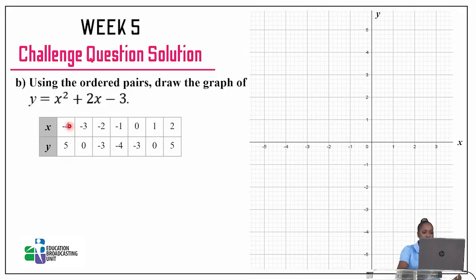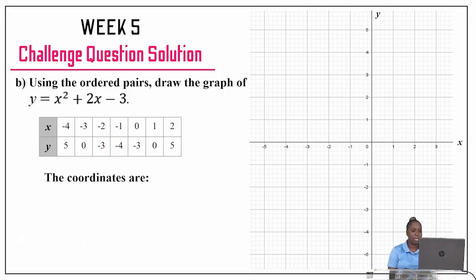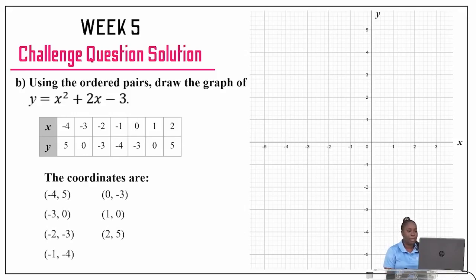And so our first set of ordered pairs are going to be -4 and 5. Then we'll have -3, 0, -2, -3, and so on and so forth. And so the coordinates would be as follows. So our job now is to plot those points onto our graph.